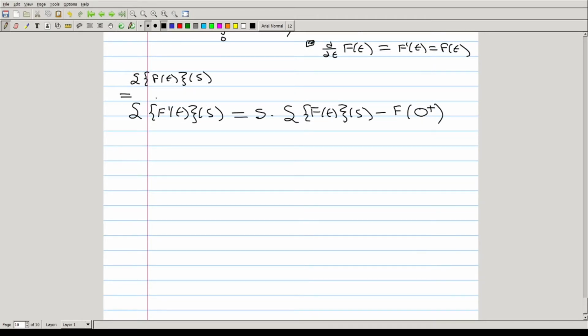So this equation holds. And using the Laplace transform formula for the first derivative, the Laplace transform of F prime is going to be s times the Laplace transform of F minus the limit as t goes to 0 from the right-hand side of capital F. We know that by the definition of F, this is 0.